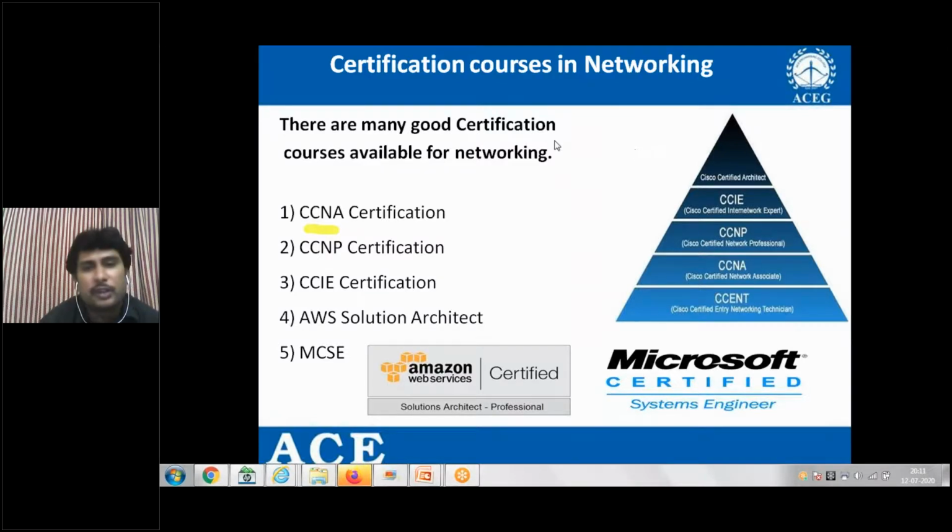Along with this, we also have certifications like Amazon Web Services Solutions Architect or Microsoft Certified Solutions Architect.